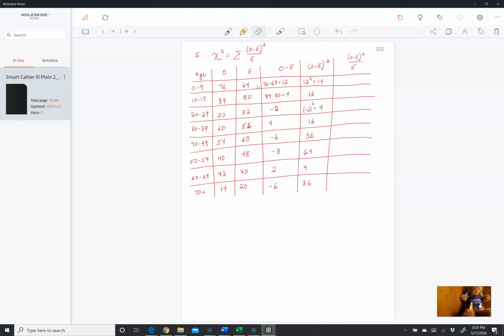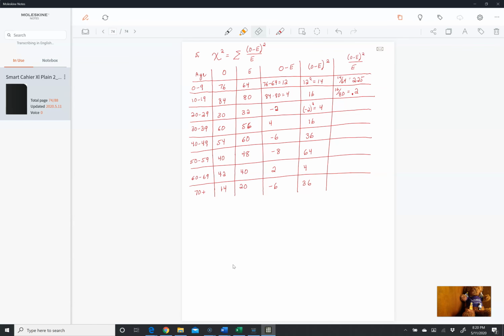Okay. Now we take the O minus E squared, all of the numbers in this column, and we divide by the numbers in this column. So it's 144 over 64. That gives us 2.25. This one, it would be 16 over 80. That gives us 0.2. It's 0.200.